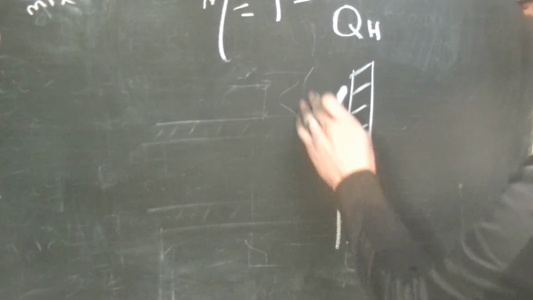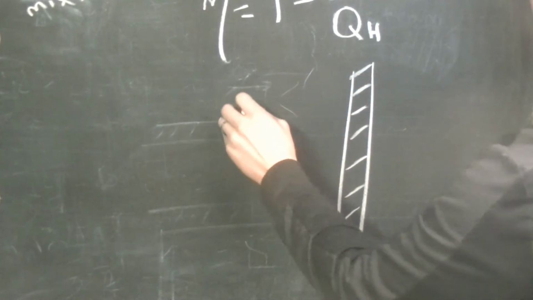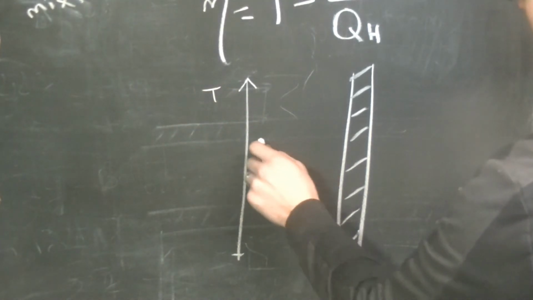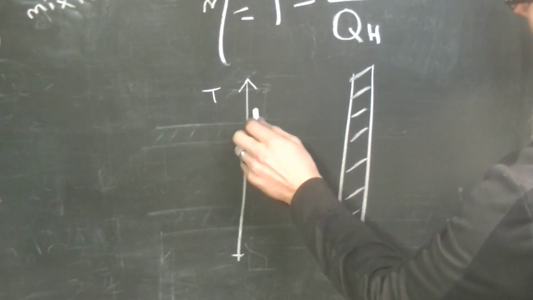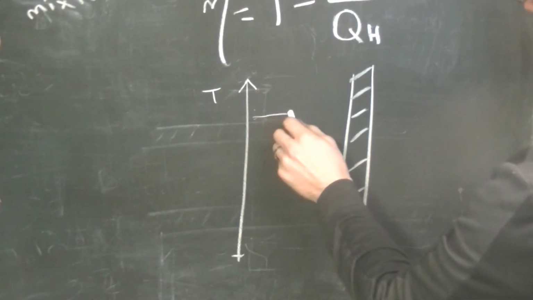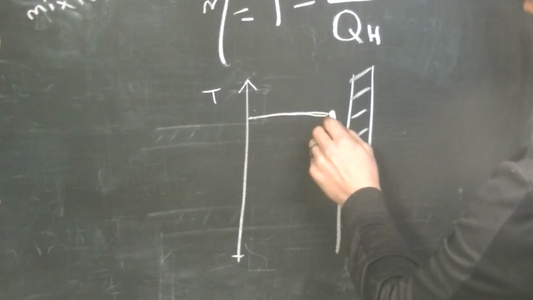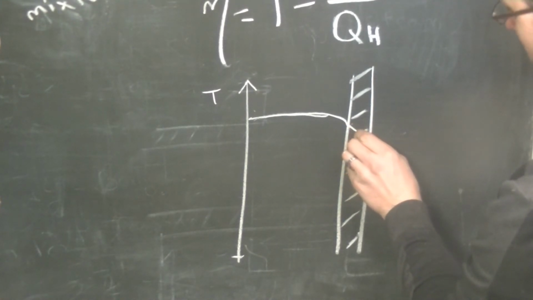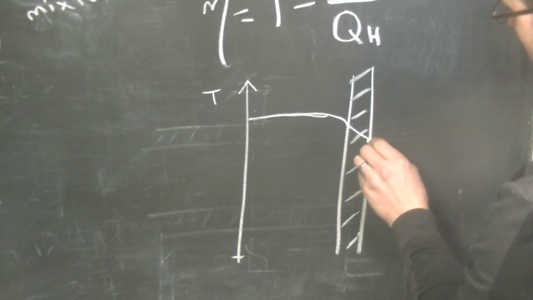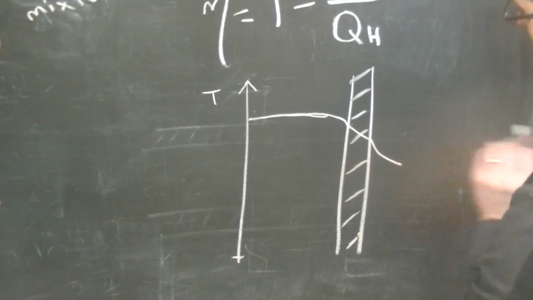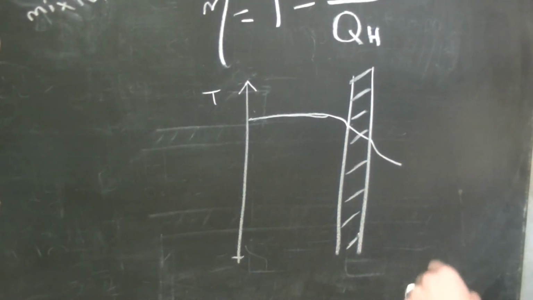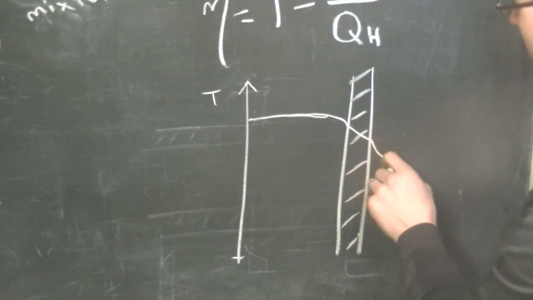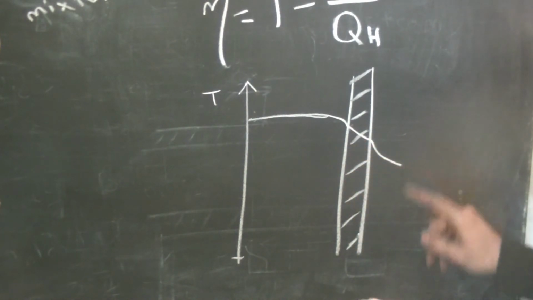If you were to plot the temperature profile, say this is temperature, the superheated steam will, as it gets closer to the wall, drop off, and then the temperature also drops as it transfers through the wall. So the amount of heat that drops as it's conducted through the wall looks kind of like this, right?